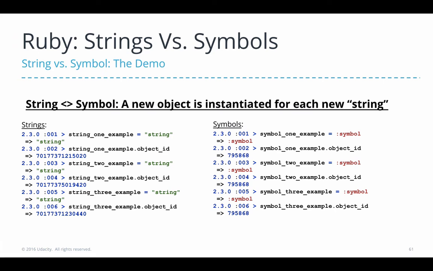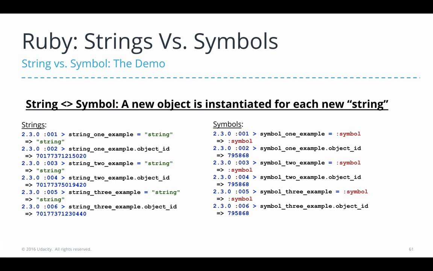We'll notice this long number is returned, ending in 5020. Here we have string 2 example, and we point it to quotation marks, string, the same characters as we did above. But when we call object ID on it, we get back a very different number, ending in 9420.